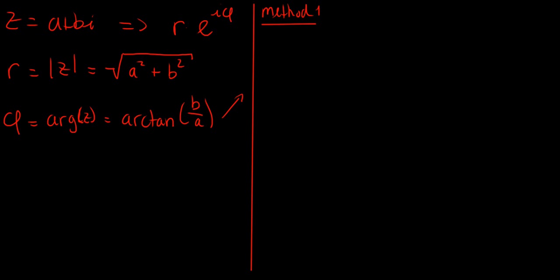Method 1 states, if we want to calculate the argument of z, of our complex number, that this is equal to some cases. It is equal to the arctangent of b divided by a, only if a is bigger than 0.